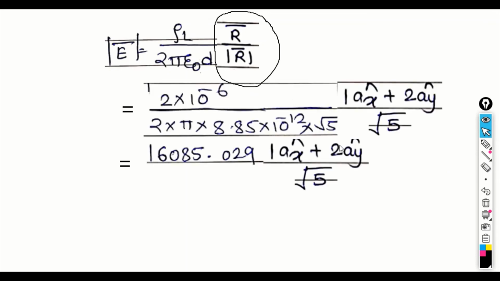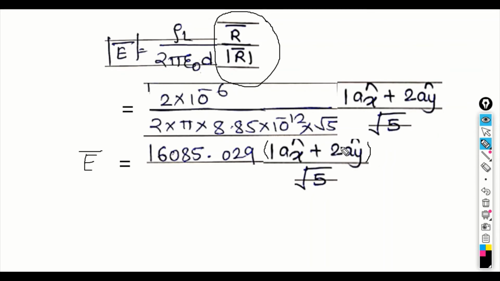So substitute all the values. I will get the result as the vector electric field intensity E bar, which will be equal to 16085.029 into the corresponding vector.